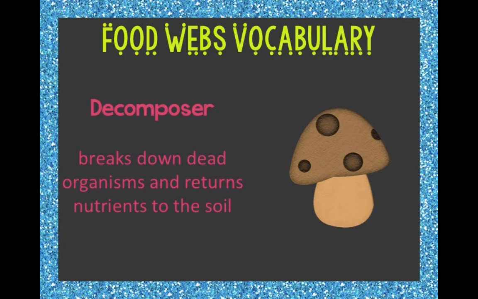Their job is to literally take dead and decaying material, plants, animals, anything that's in the soil that can be broken down, and decompose it, break it down, return it to its base state, and return those nutrients to the soil.